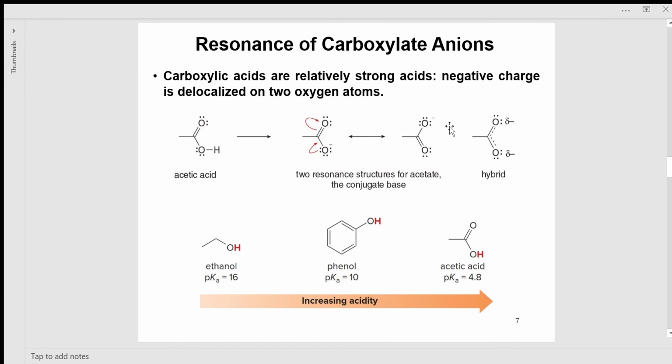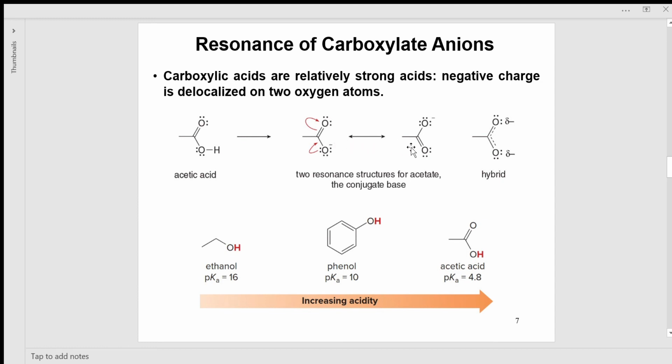When you draw resonance structures, you basically move either a lone pair of electrons or pi electrons to form a new valid Lewis structure. By resonance, we see the negative charge, the unstable point in a molecule. Nobody wants to bear a negative charge.